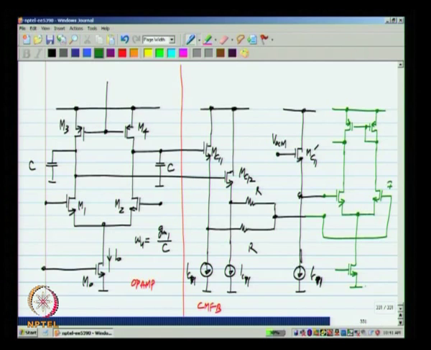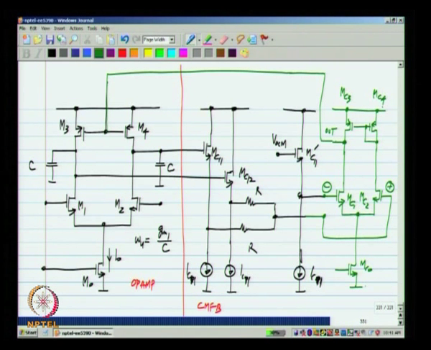If this is the plus terminal and this is the minus terminal, that is the output, and the common mode feedback is completed like that. Okay. And all these upper lines are VDD.